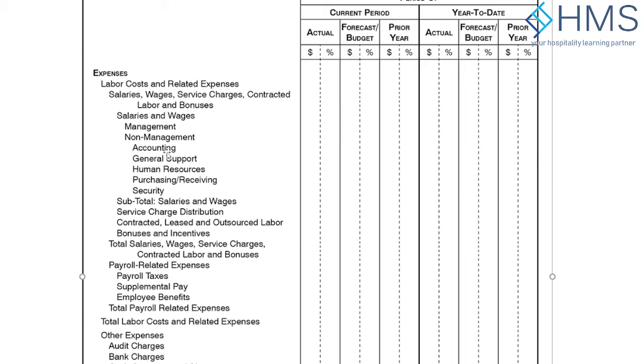But if you have engaged a third party company where the third party is responsible for all those responsibilities, their social security, their benefits, the provision of the leaves and anything else, and also the replacement, and the hotel does not have a direct control over the number of people that you hire and how to direct those people into work, then the cost will go into the contracted, leased, and outsourced labor.